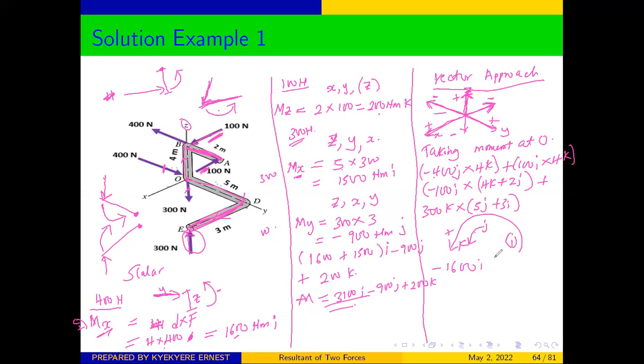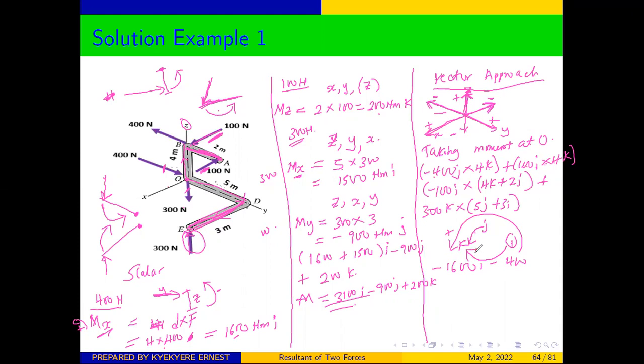Positive i. Then we have 100i cross 4k. 100 times 4 will give us 400, but i cross k, where is our i? This is our i. So i cross k, we will move this direction, which is clockwise.